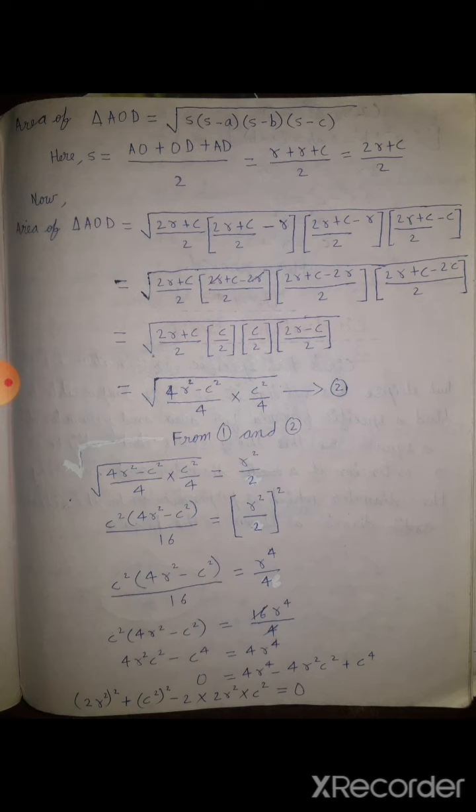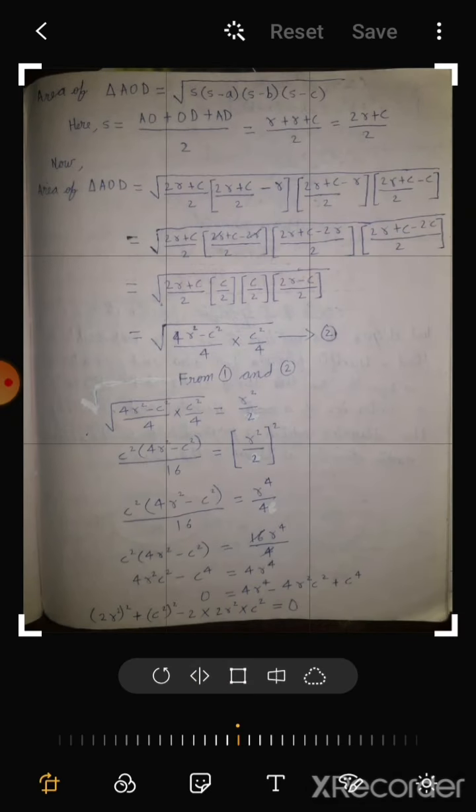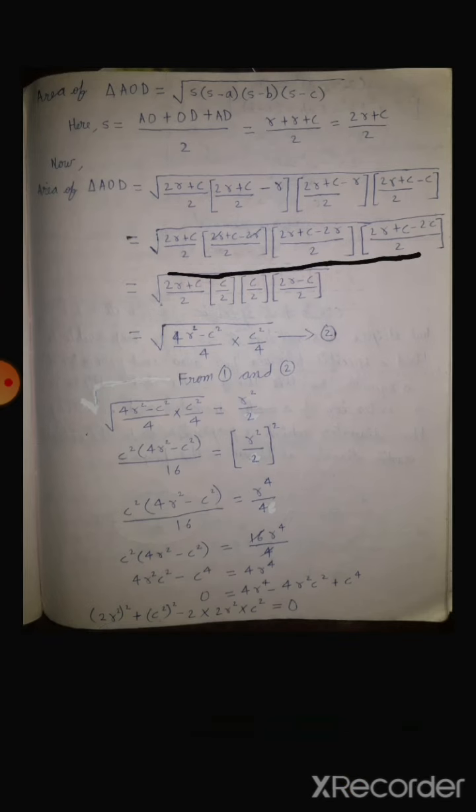So by simplifying this, square root of (2R plus C by 2) into (2R plus C minus 2R by 2) and (2R plus C minus 2R by 2) and again (2R plus C minus 2C by 2). I am marking here in this step.